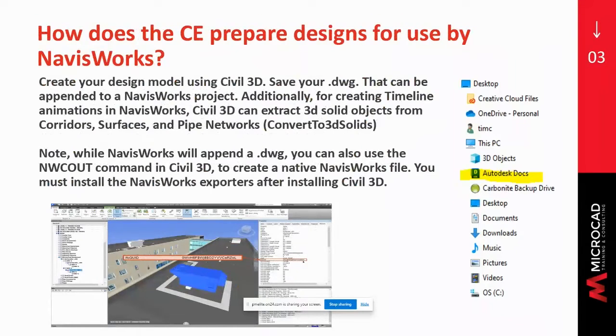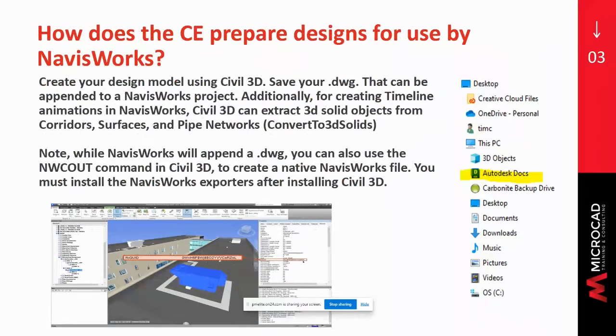So some of the things that you'll do for preparing your designs for use by NavisWorks. Okay. Number one, create your design model using Civil 3D. Save your drawing file. Now, just as a DWG, the file can be appended to NavisWorks. But if you want to create the Timeliner animations in NavisWorks, these Timeliners are construction simulation animations, okay?